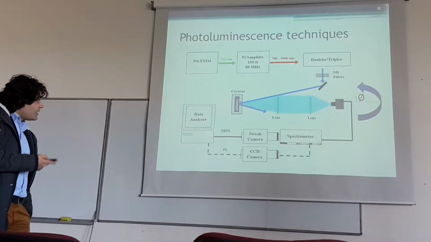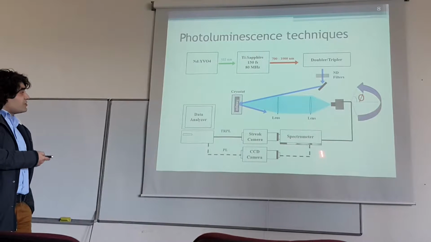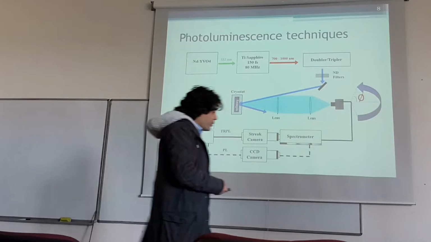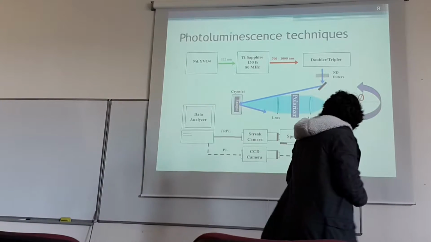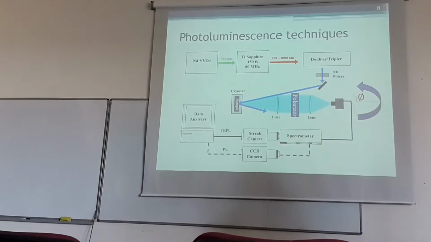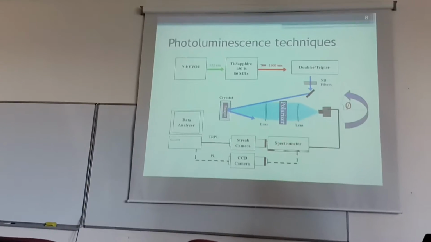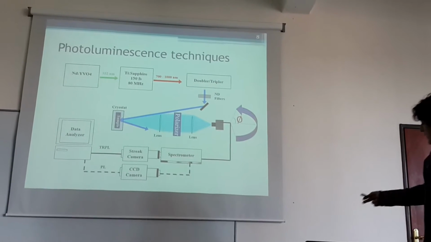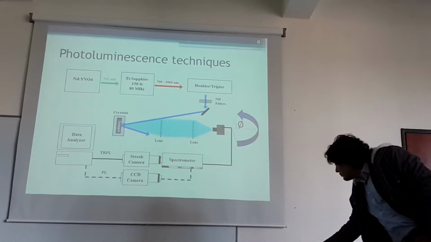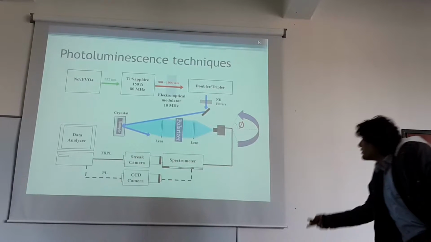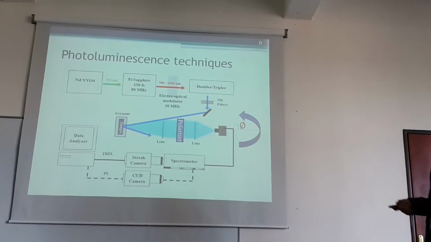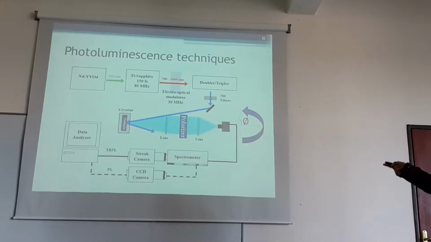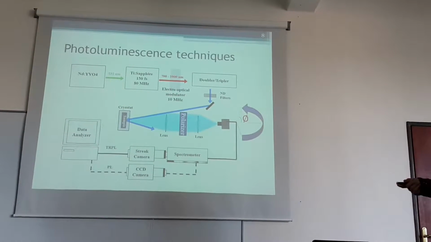And we can also change the detection to investigate other optical properties. We can also use a polarizer to investigate the polarization direction or degree of polarization of this photoluminescence. Or we can also use an electro-optical modulator, which is another nonlinear process, to change the repetition rate of this titanium-sapphire laser.